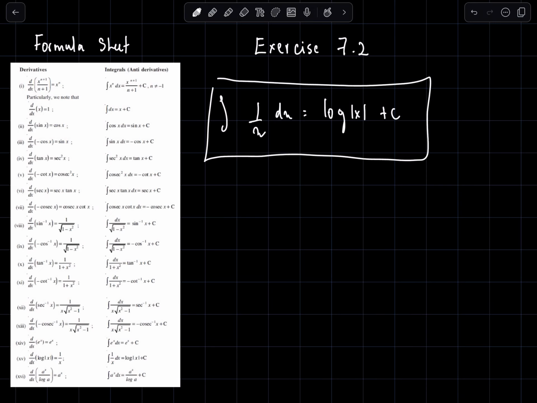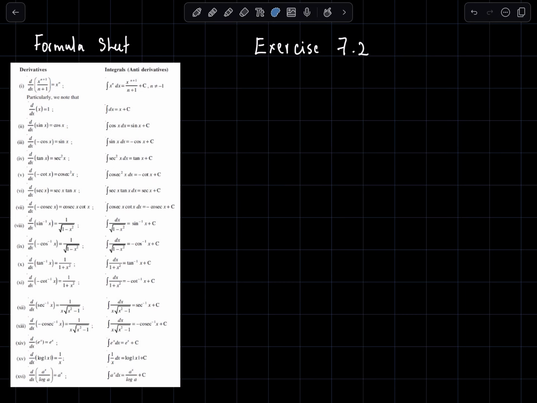So here's the thing. The best thing about the log of x is whenever you see a question with anything like the integral of log of x, remember, just equate this to t.